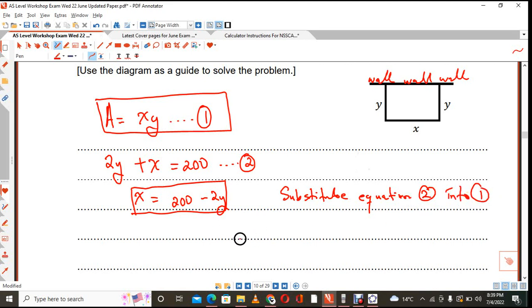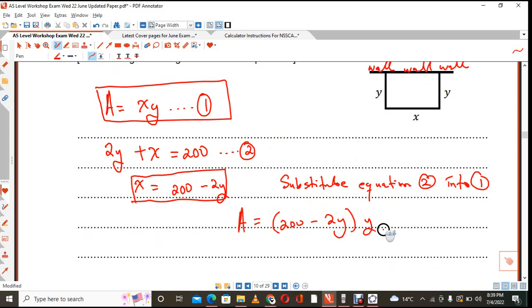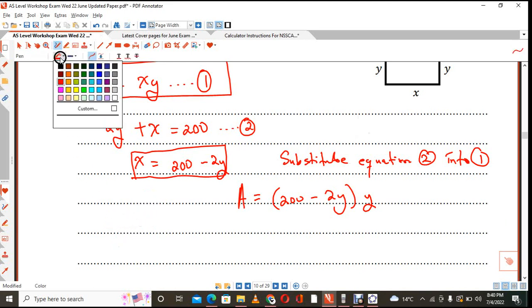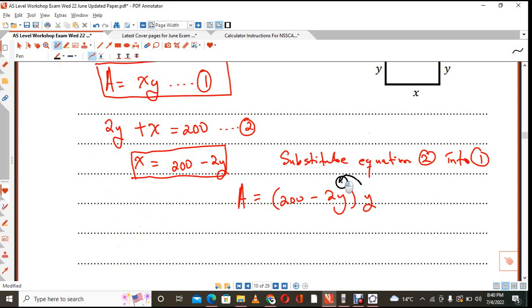So that gives me A equals 200 minus 2y, times y. So I can clean this up a little bit. So I'm going to just rewrite it nicely: that times that and times that. So that's going to be 200y minus 2y squared is equal to the area.